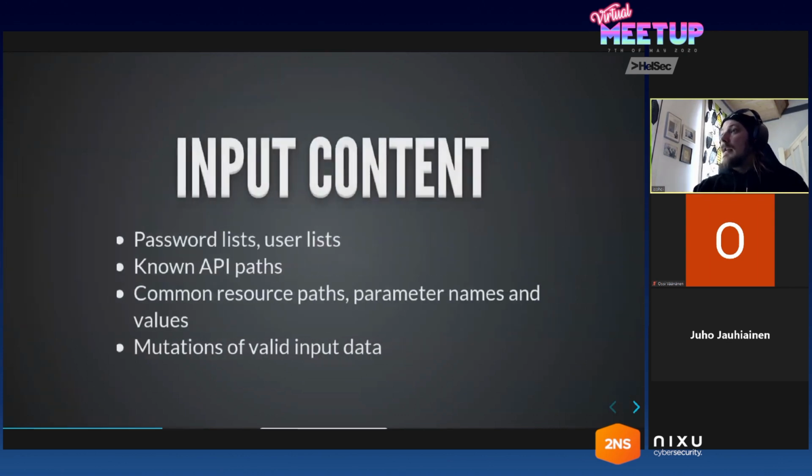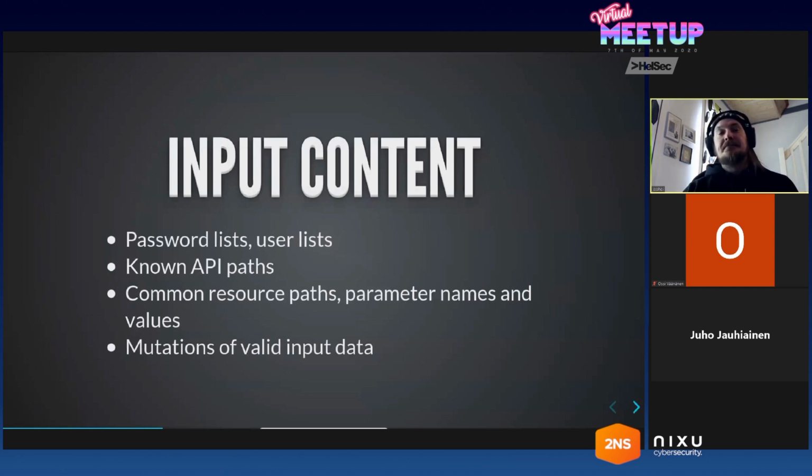So about the input content, what would you feed the fuzzer with? In case of password or credential brute forcing, you would feed it with password lists, user lists, combinations of those. If you're fuzzing APIs, you would use known API paths.